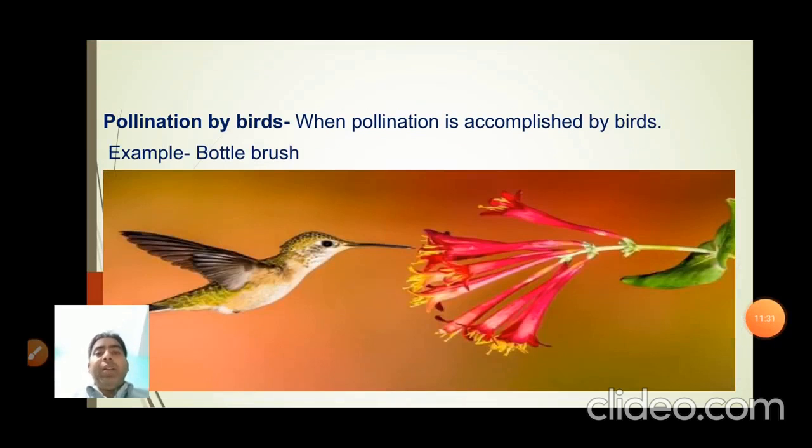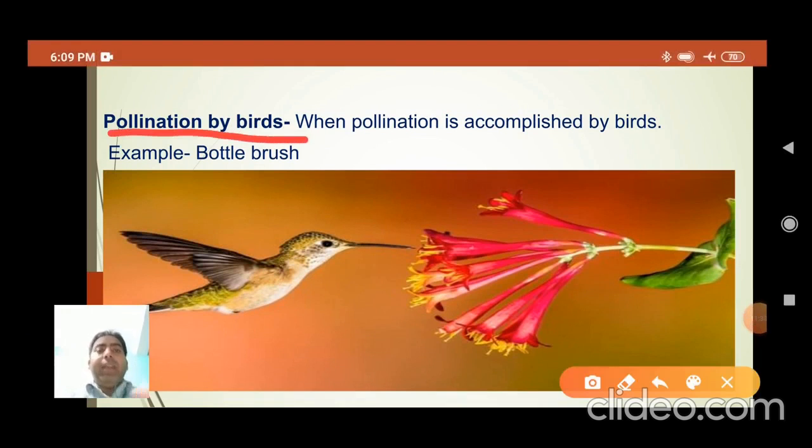Now, pollination by birds. When pollination is accomplished by birds, for example in the bottle brush. What happens when the birds come to take nectar of a flower?